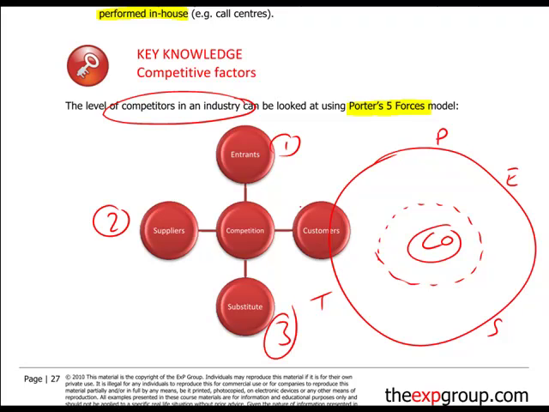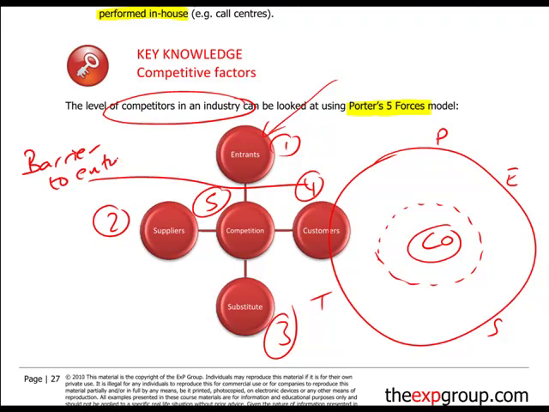We have potential entrants to the market. If it's very difficult for new entrants to enter the market, that's good news for existing companies. And we have something known as a barrier to entry, which can help prevent new entrants entering the market.